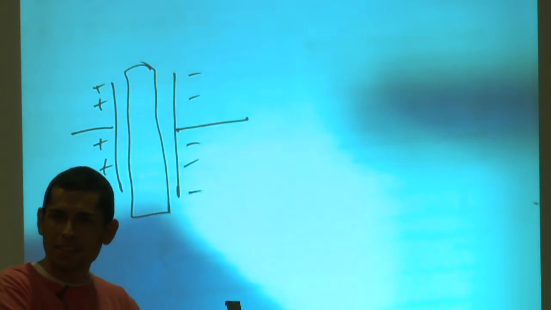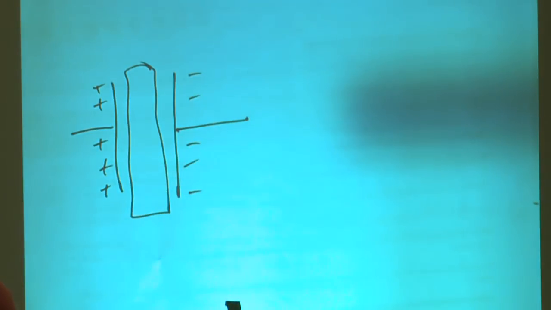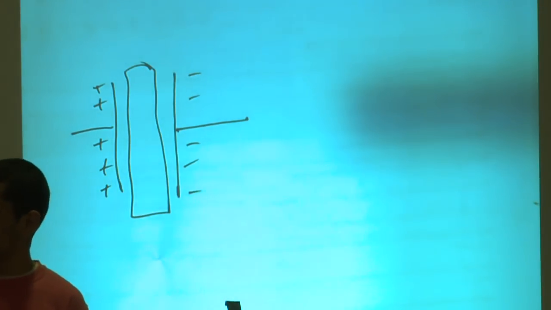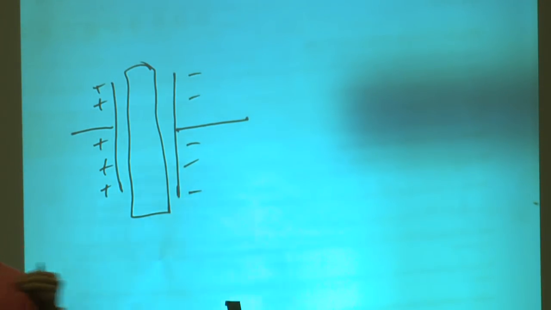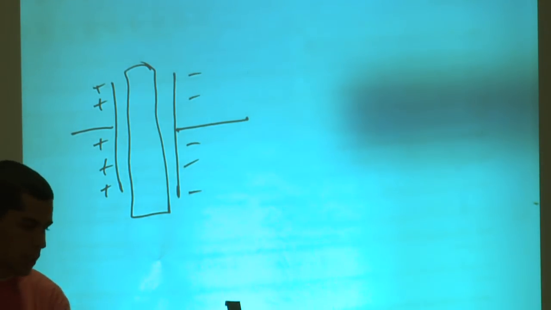They're just really, really tiny. If you dropped your phone, the plates would touch each other and then it would just be a wire, like a normal wire, right? And that defeats the whole purpose of having a capacitor. We put that dielectric there so that even if you squish them together, they're not going to touch, because the dielectric holds them apart.